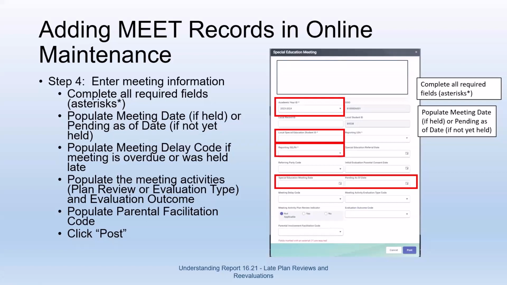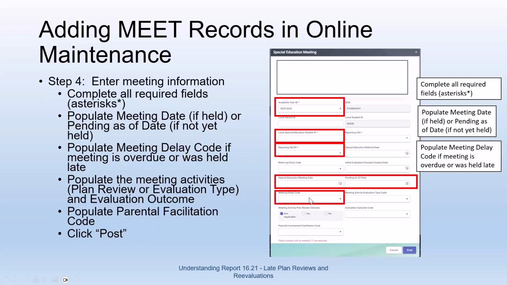It's either the meeting date, if the meeting's been held, or if it hasn't been held, the pending as of date. Typically, the pending as of date is the date you're submitting up this record. So if I knew that a meeting was late and it's been scheduled and it's pending, I'm going to go ahead and type in a pending as of date of March 5th, 2024. And then I could also tell you in the next step why that meeting was delayed. Okay, so I could add the delay code if it was overdue.